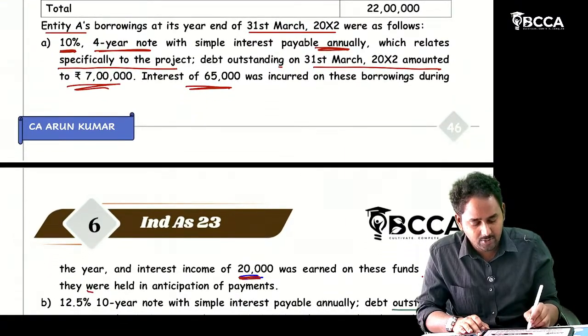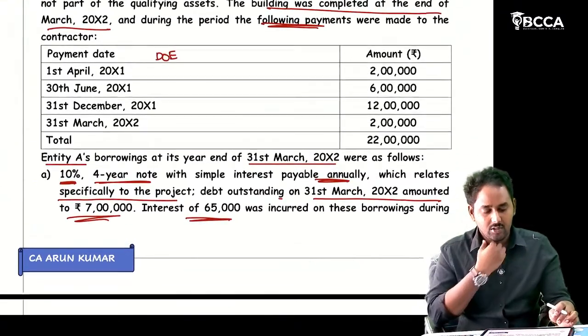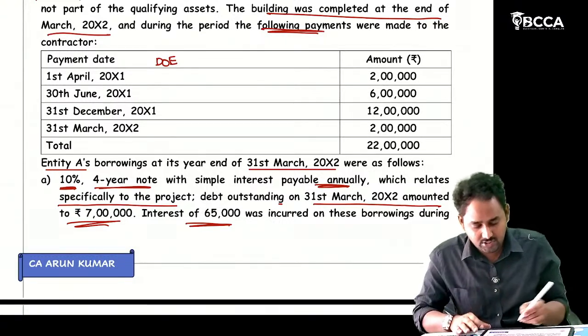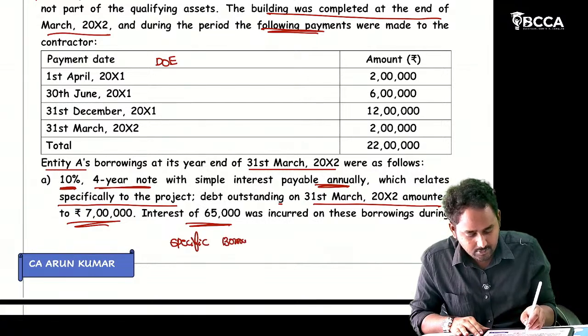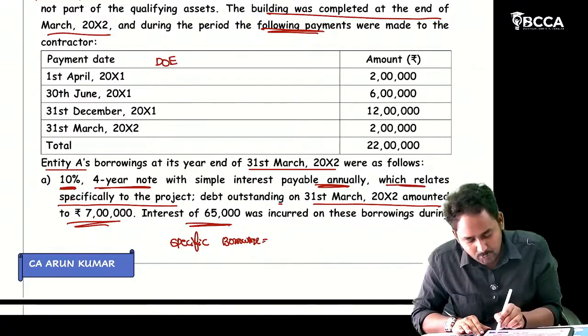An interest income of 20,000 was earned on these funds while they were held in anticipation of payment. So this is specific borrowing, because they use the words which relate specifically to the project.